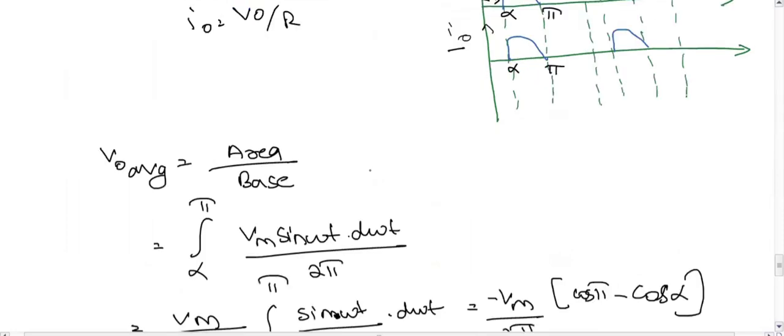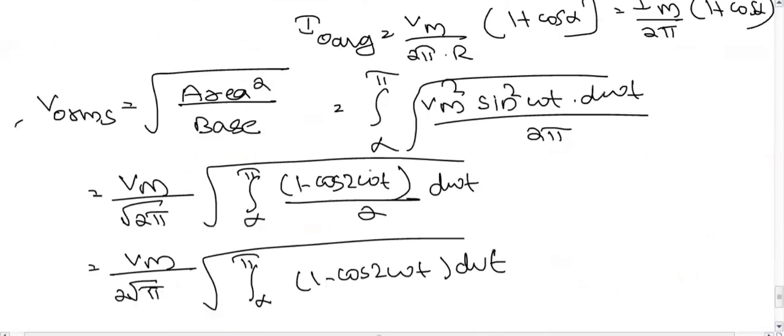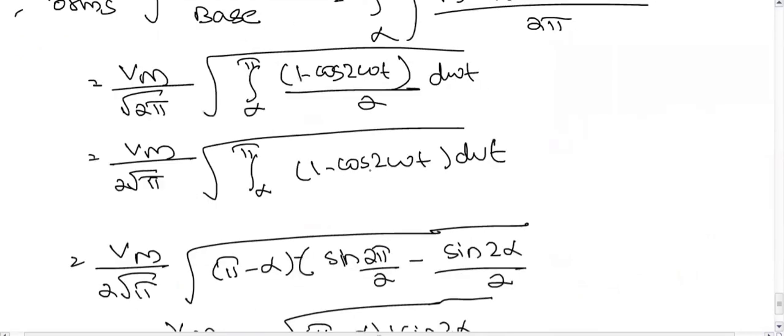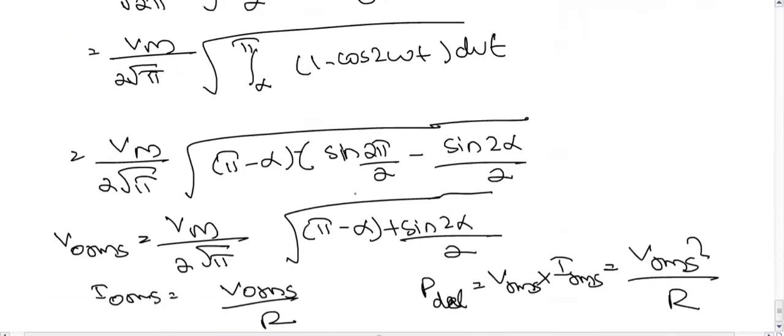Then the average output voltage, average output current, RMS output voltage and RMS output current. Now we will do the same simulation with the R load in MATLAB software.